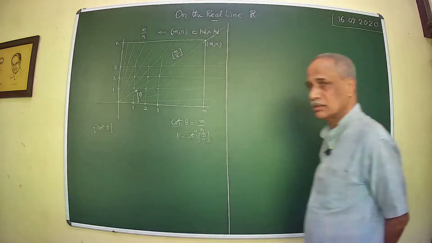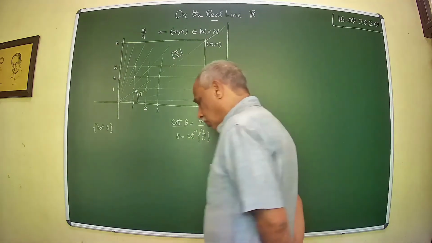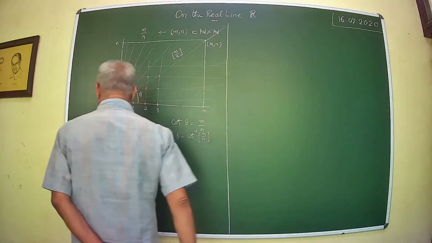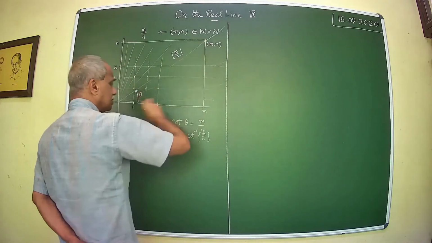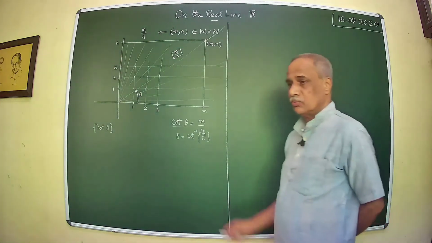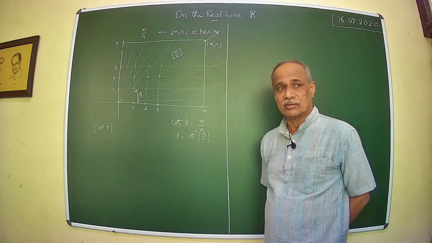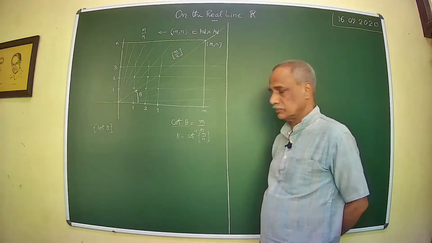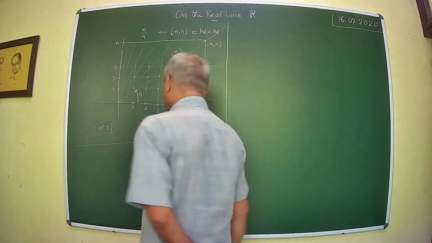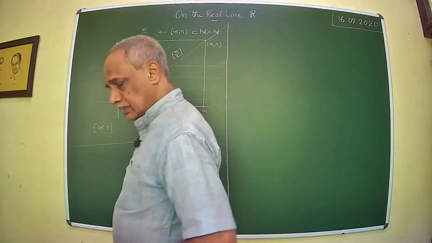Now this collection of cot theta takes care of all rational numbers. So each line corresponds to this. The only condition is that the line should be passing through a point with the coordinates given by the lattice points. That's one remark.